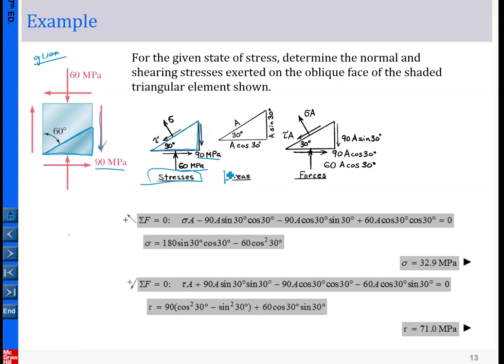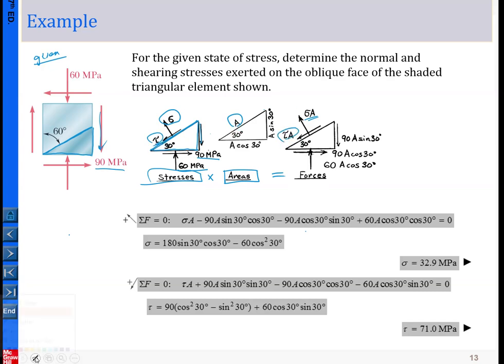And then this is about the area, and then you multiply the corresponding stress by the corresponding area, and you will obtain the distribution of the force. For example, this is the stress element multiplied by the corresponding area on which it is acting. So sigma times A gives this, and tau multiplied with A gives this.